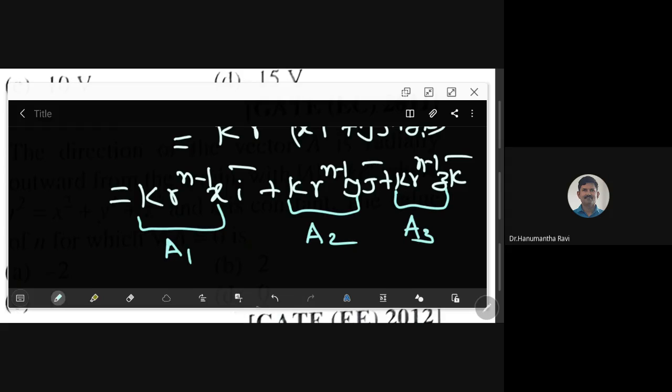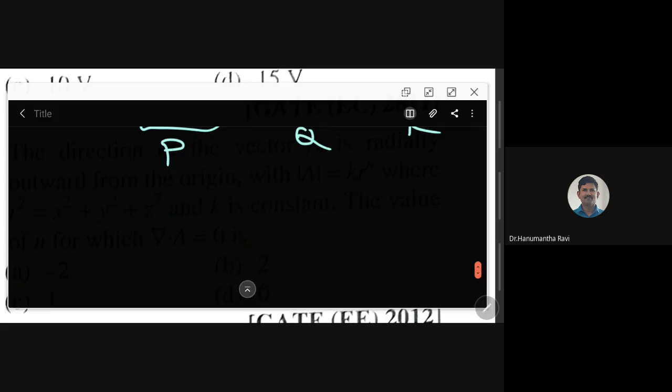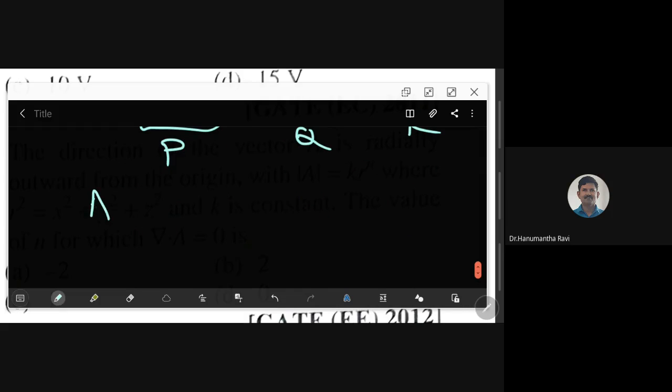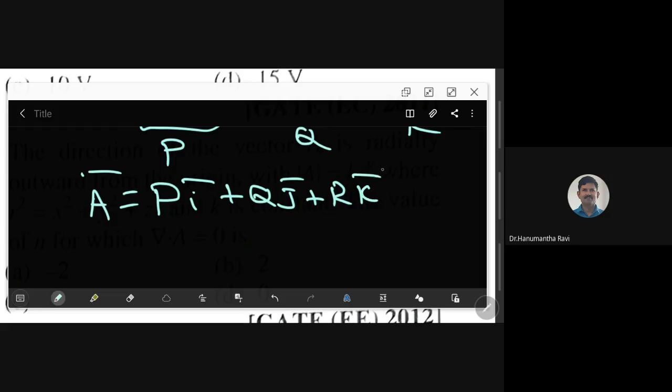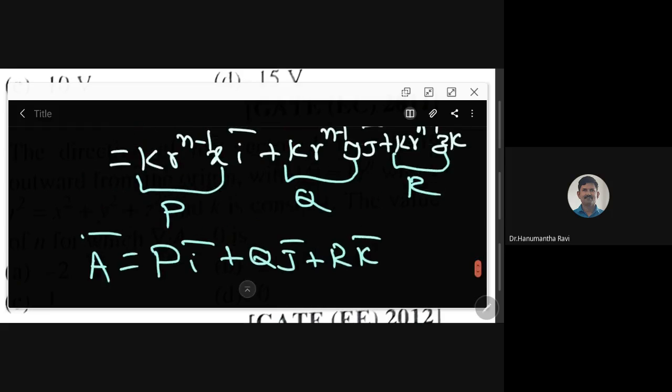Or we do it like this: a1, a2, a3 as P, Q, R. This is P, this is Q, this is R. So our A bar is P i bar plus Q j bar plus R k bar.